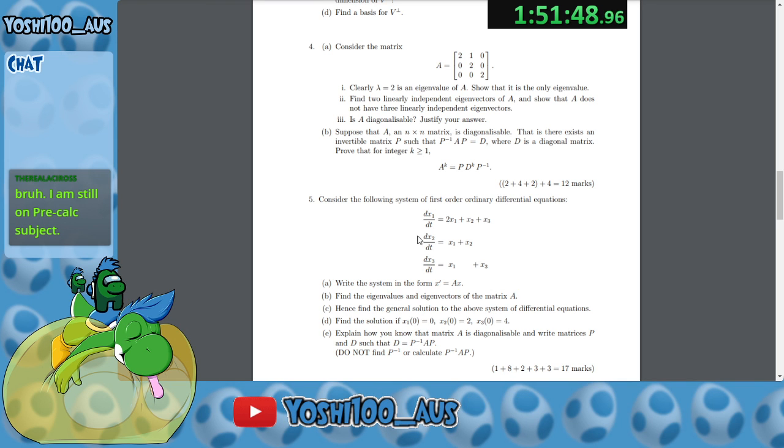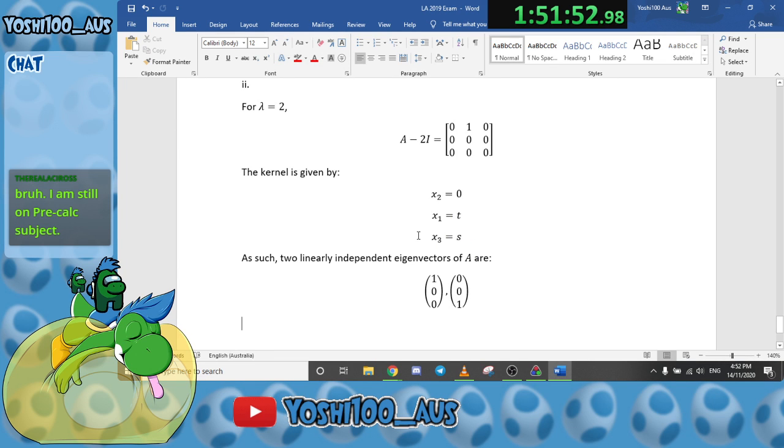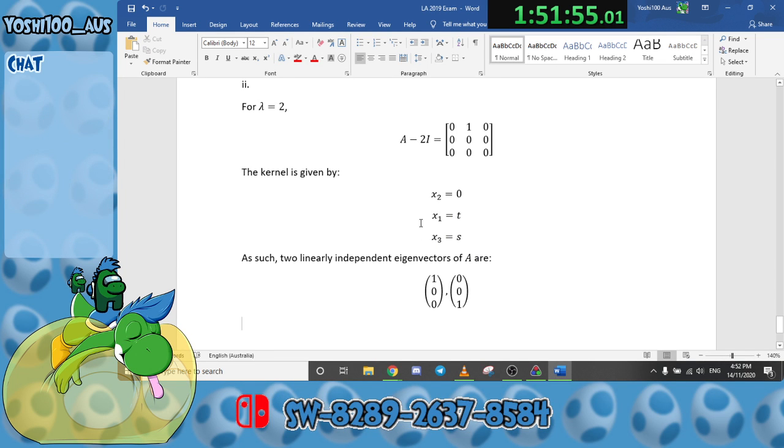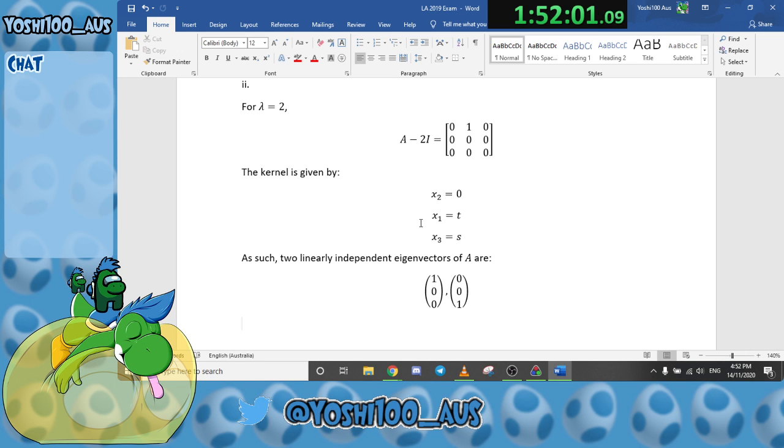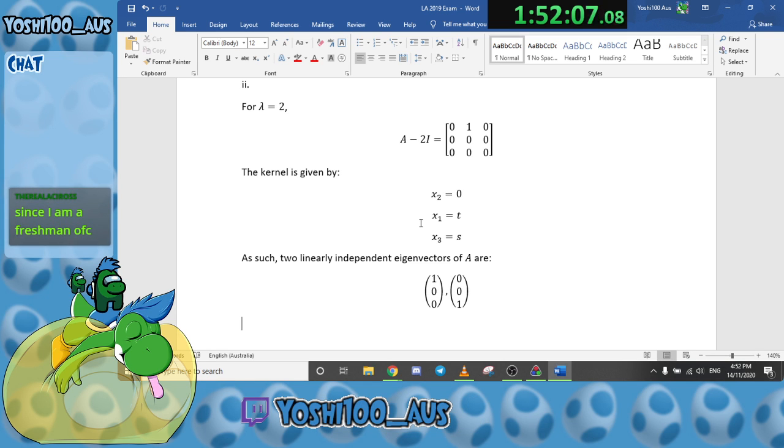However, how do you show that A does not have 3 linearly independent eigenvectors? How do you show that? Is it something to do with the multiplicity of 2 being like 3, so you can only get 2? I don't know.